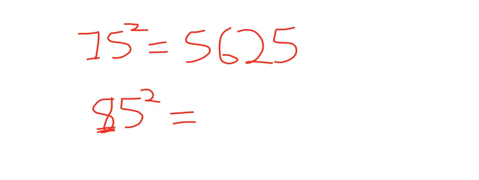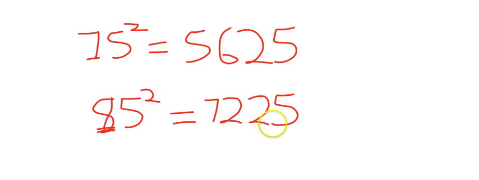And so 70 what? 7 plus what will give you 9? 7 plus 2. And so 9 times 8 is 72. Then automatically we attach 25 and we see the answer as 7,225. Keep practicing with the rest of the numbers that end with 5.